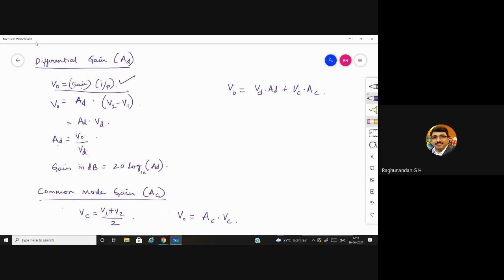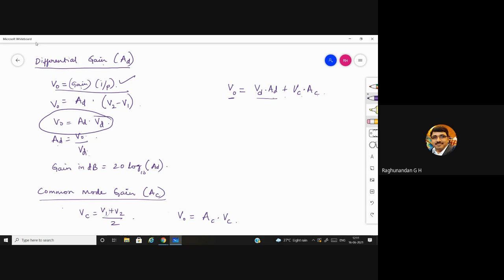You can observe that when we discussed differential gain, we just studied that output voltage is the product of differential gain and differential voltage. But after coming to know about the common mode signals, the output voltage is not only VD into AD, it is plus VC into AC.